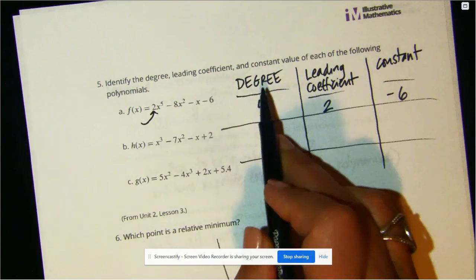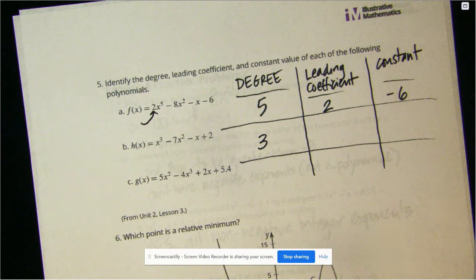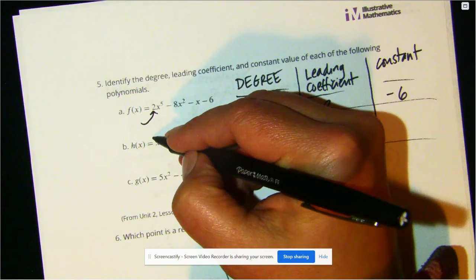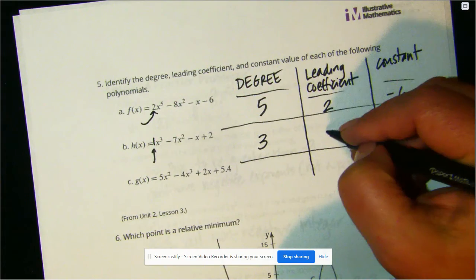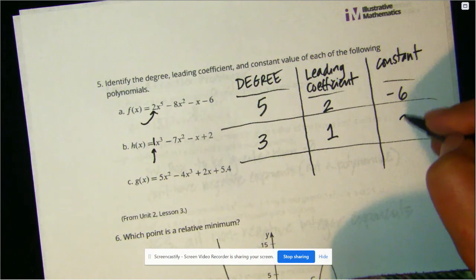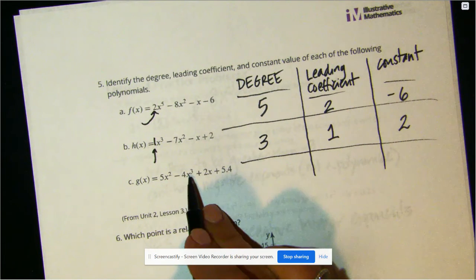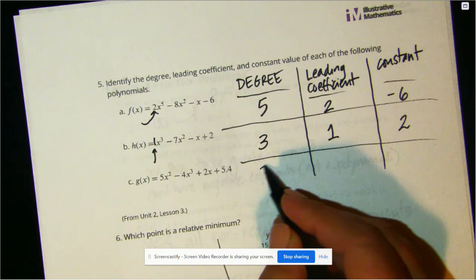Next one, what's the degree? The highest power is 3. What's the number in front of the term with the highest power? Well, there's nothing there, but there's a 1 there. Ninja 1. And your constant is your number without your variable, 2. See, they tried to be sneaky. They didn't put it in order. The highest power is right here, 3. It's a 3rd degree.